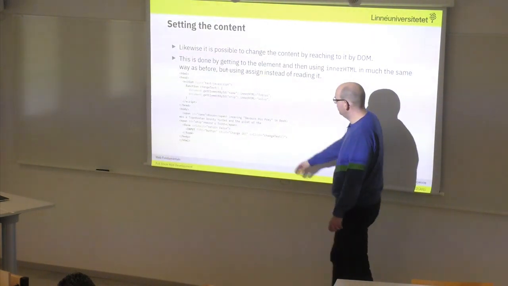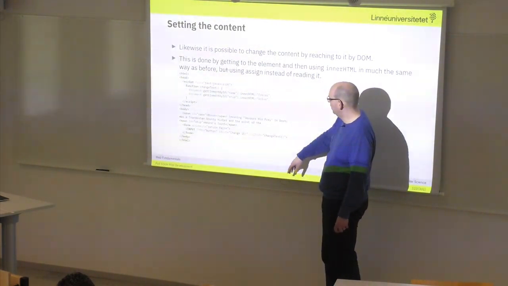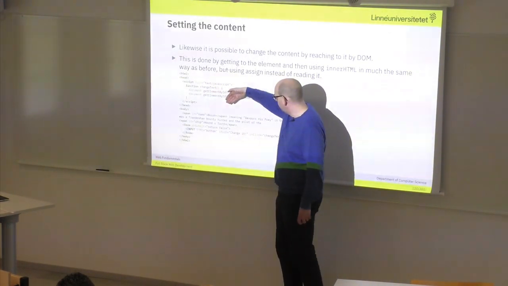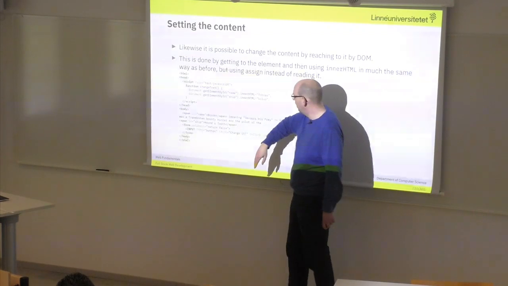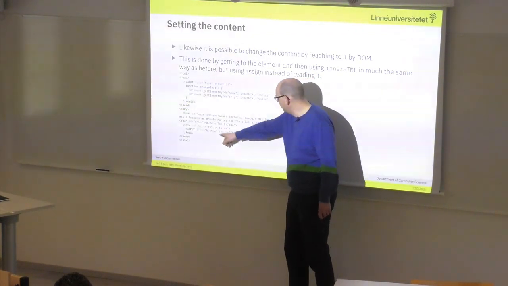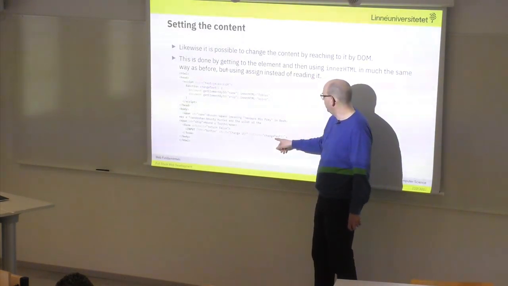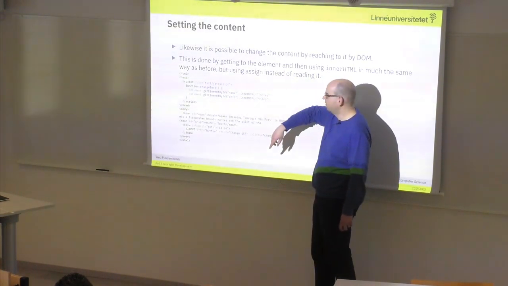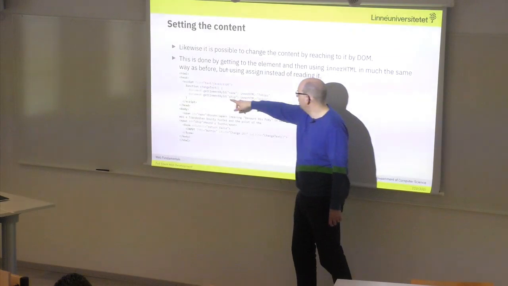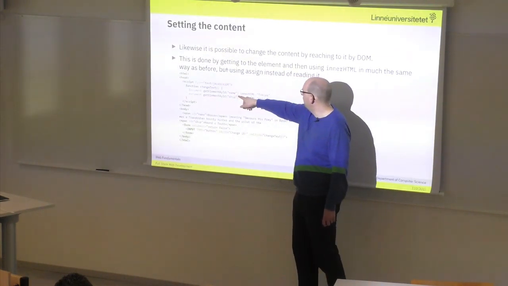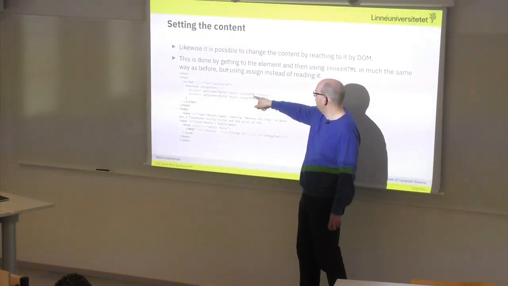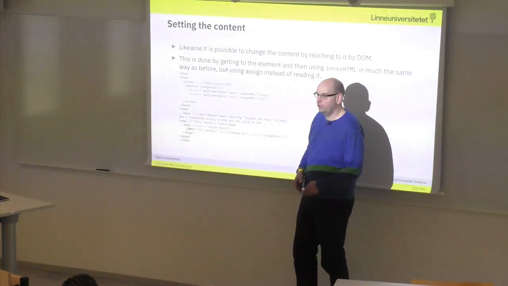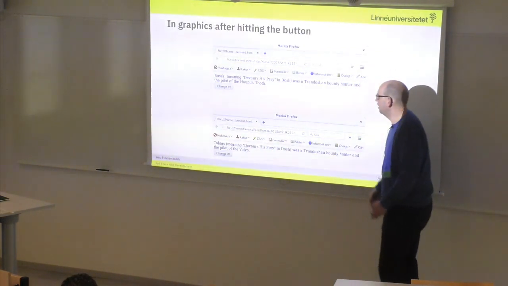So in this case, we have text where we have an ID of name and an ID of ship, and then we have a button with an on-click where we call the method changeText. This method will find name and instead set the inner HTML to Tobias and Volvo. And then we get something like this.